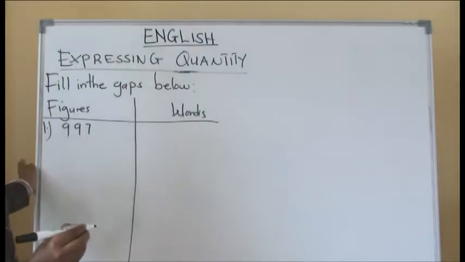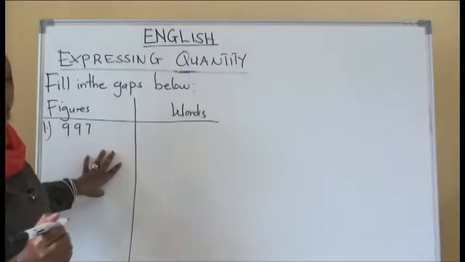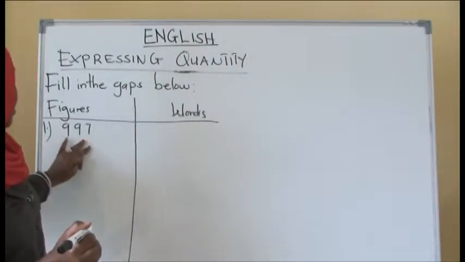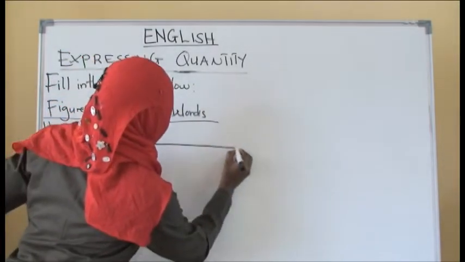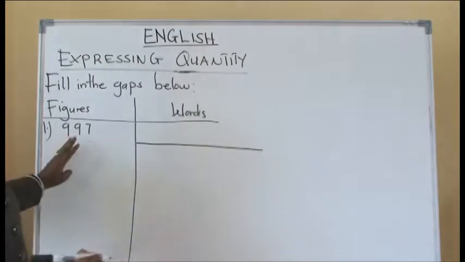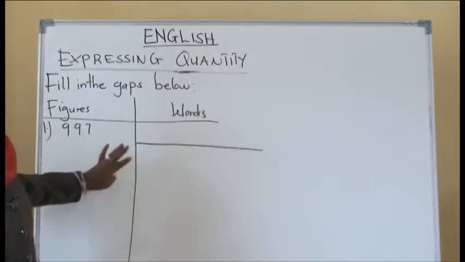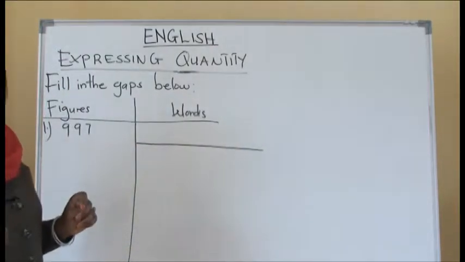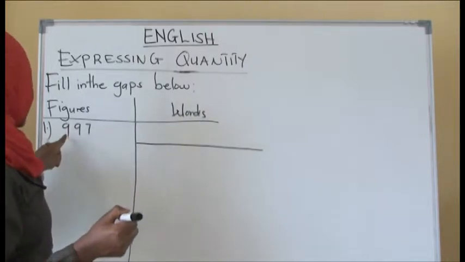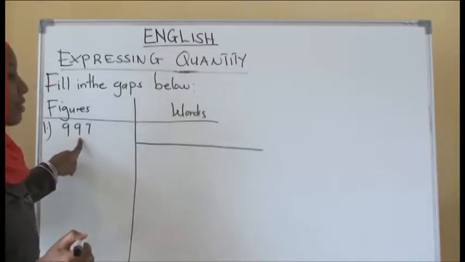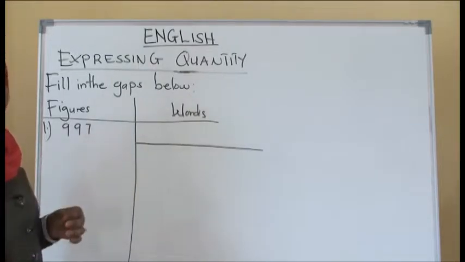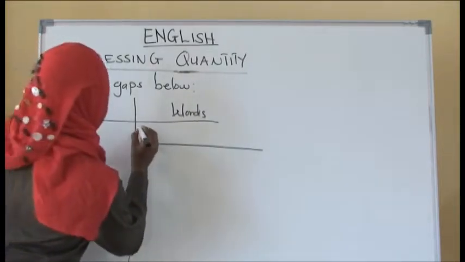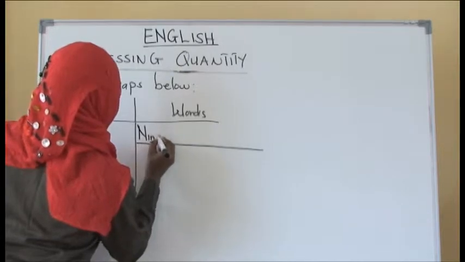There was 997, and we were told to write this one here in words. There was a gap here. So writing 997 is simple. As I've told you, you just write the word 900 first, then you write the word 97. You get the word 997. Write like this.